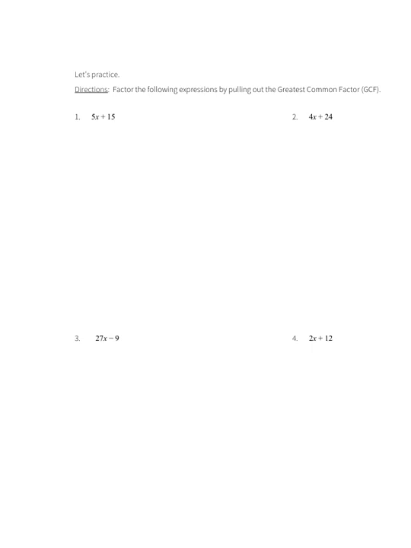Okay, let's try a couple more. Remember, my first step is to find the GCF. The GCF of 5x and 15 is equal to 5. My second step is to divide both terms by the GCF.